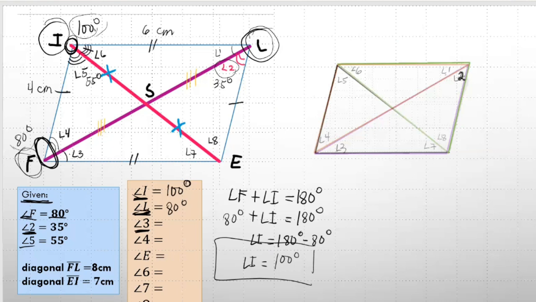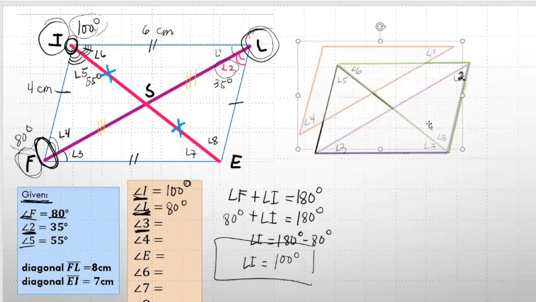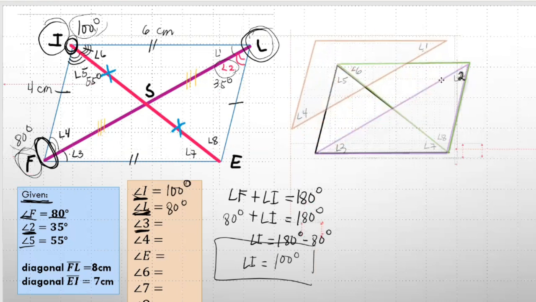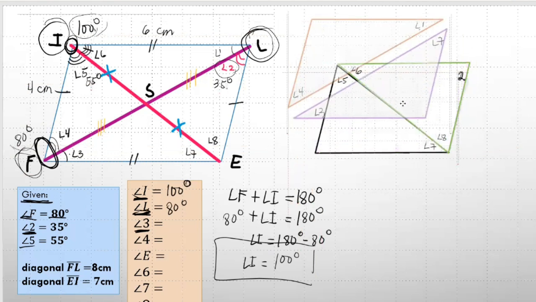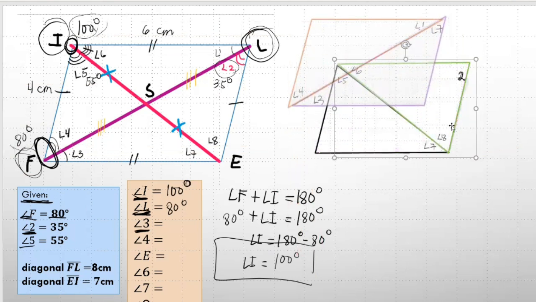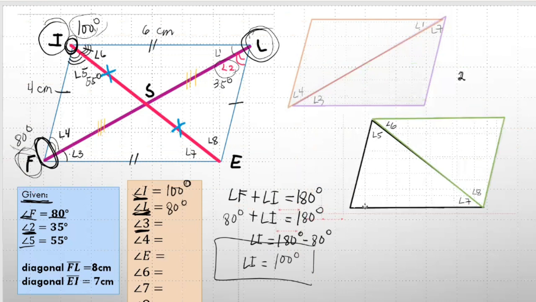Okay? So now if angle 2 is 35 degrees, kapag ginamitan natin siya ng congruency, saan siya congruent? So once we flip, kapag pinilift natin yung ating shapes, ang mangyayari sa ating shapes ay, so, this one.